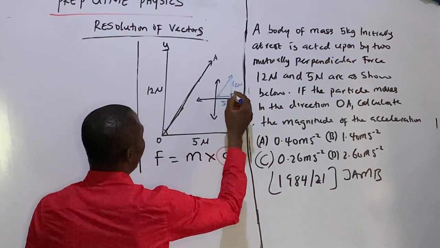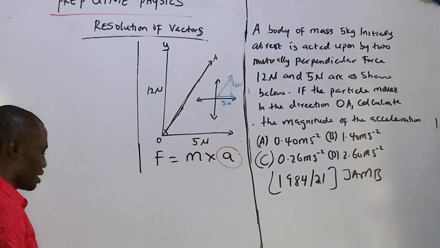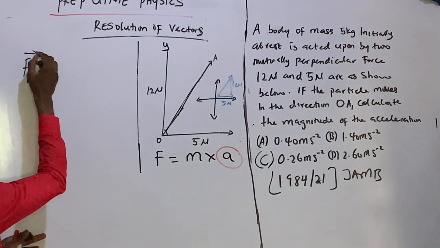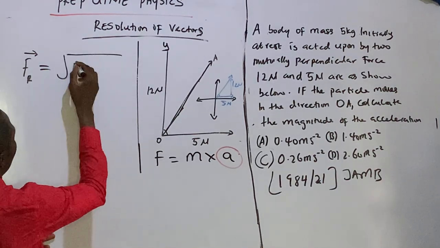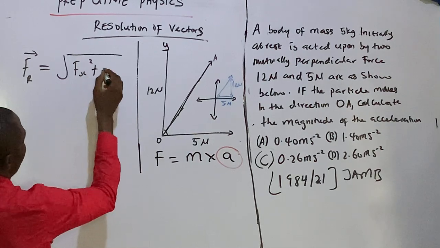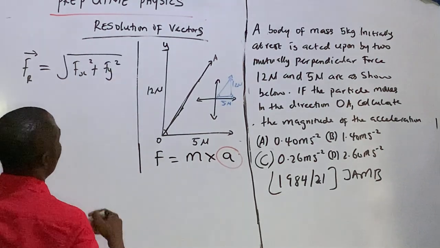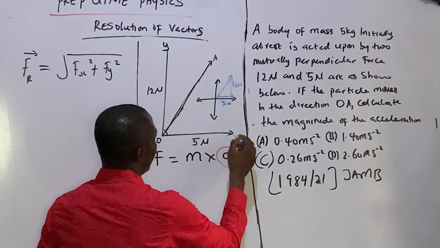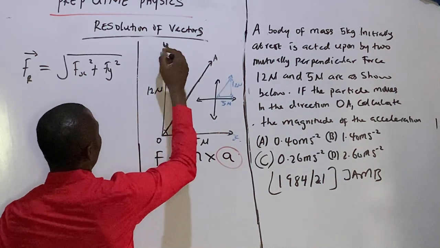Now, to find the missing side of this triangle, that is the resultant force, which is definitely going to be Fx raised to the power of 2 and Fy raised to the power of 2, because you know that this is your x direction and this is your y direction.